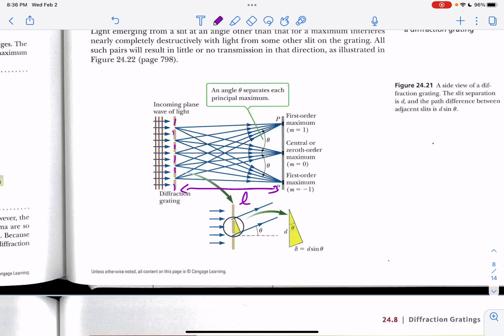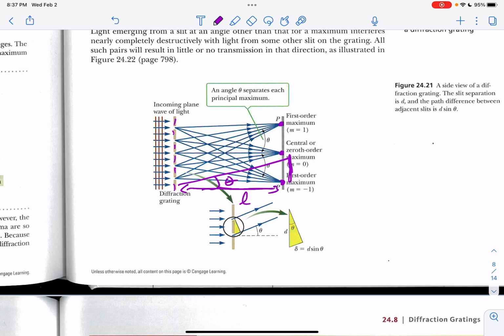Now, the farther away from the wall you put it, the farther apart your dots are going to be. And that means this distance right here can be millimeters or centimeters or even more if you're really far away from the wall. And of course, once again, you can measure this distance and this distance, and that will allow you to find your angle theta.